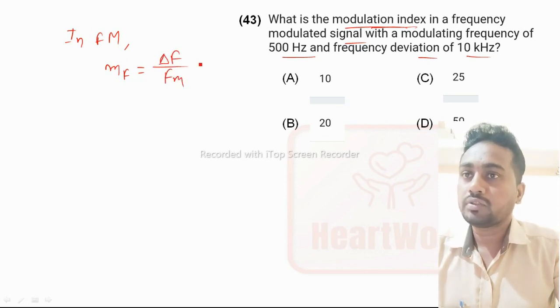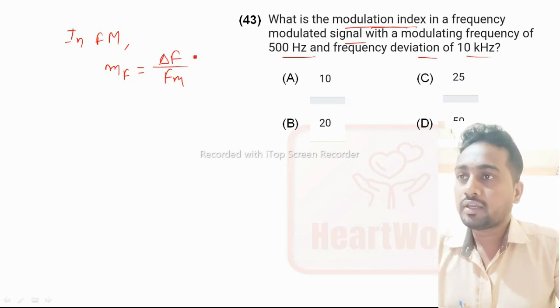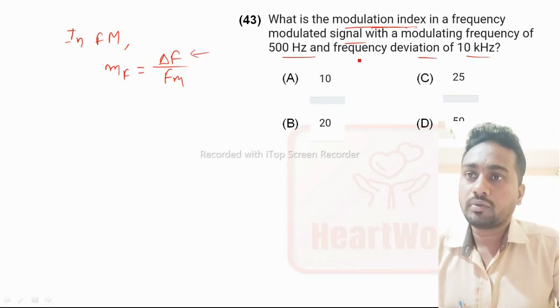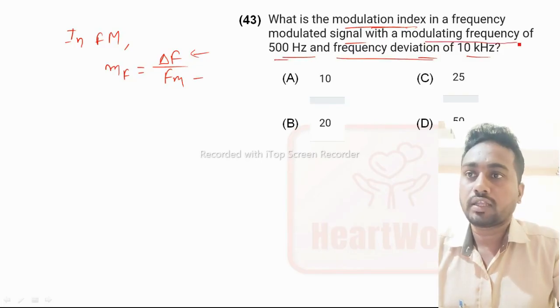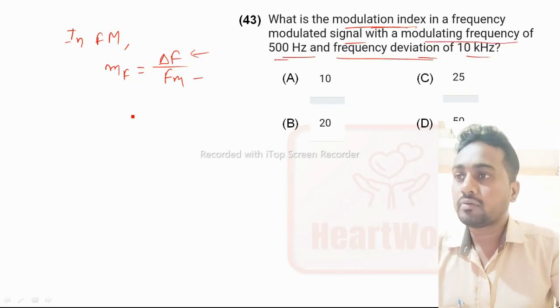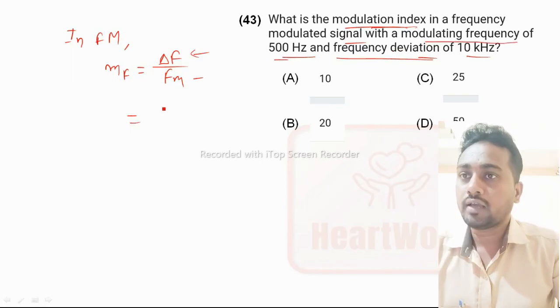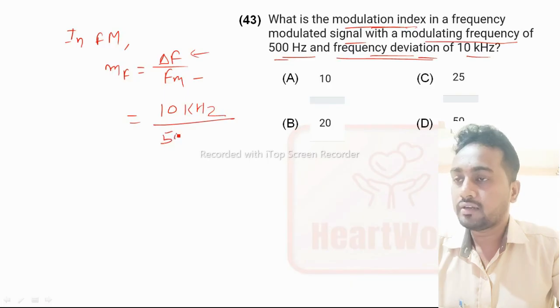Del f is the frequency deviation, and fm is the maximum frequency or modulating frequency. Everything is given. Del f, the frequency deviation, is 10 kilohertz, and fm is 500 hertz.